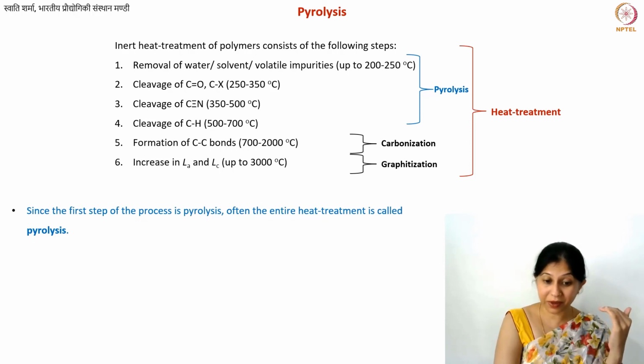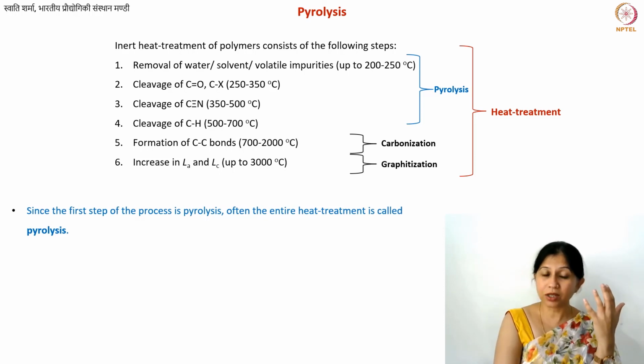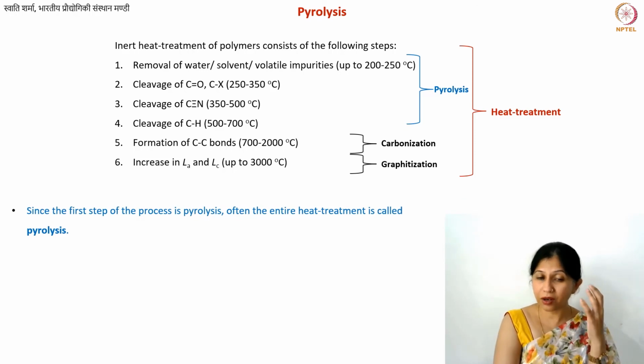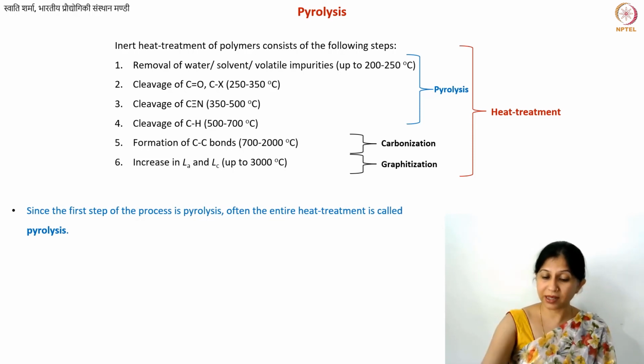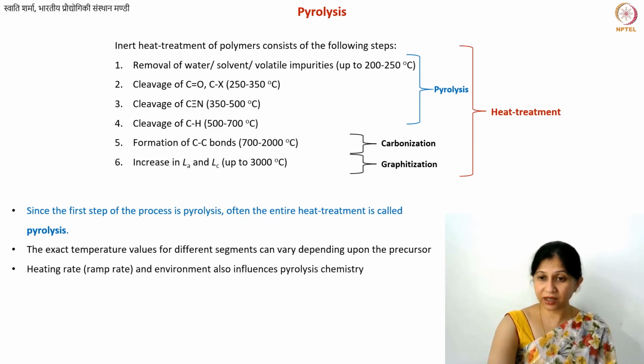You may keep your material for a very long time at that temperature in order to get rid of most of the oxygen. This is where you basically play with the parameters. Also, you can increase or decrease the heating rate. All of these things are done during pyrolysis, and that is why often people call this entire heat treatment just pyrolysis. So these were the general rules.